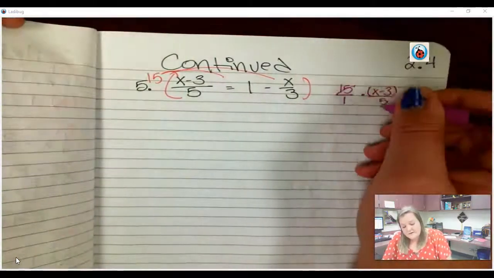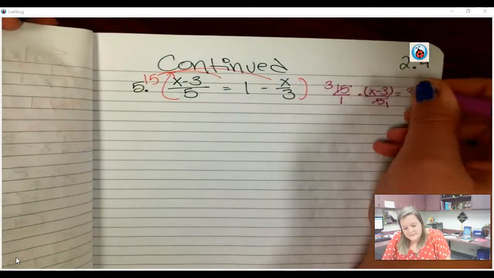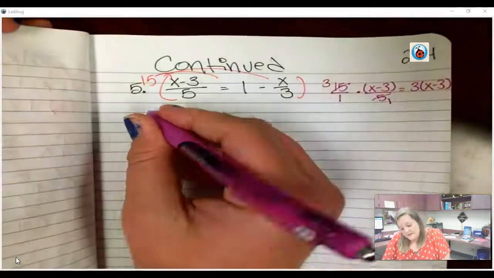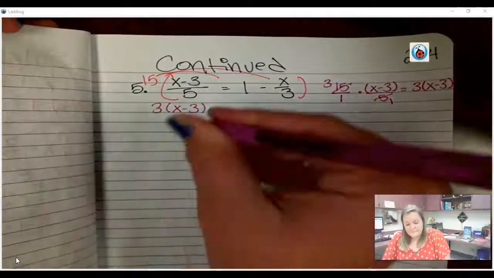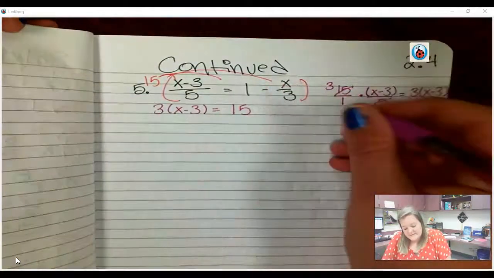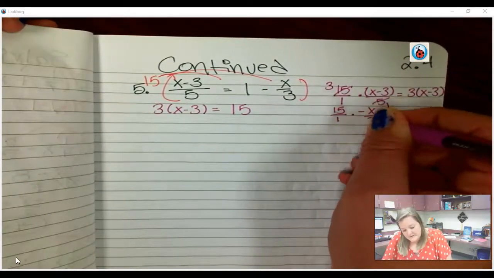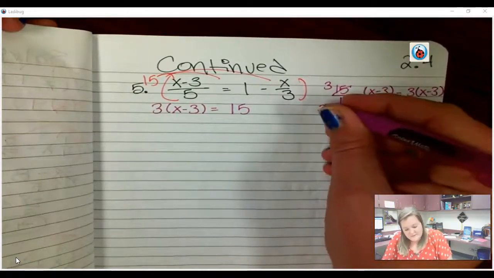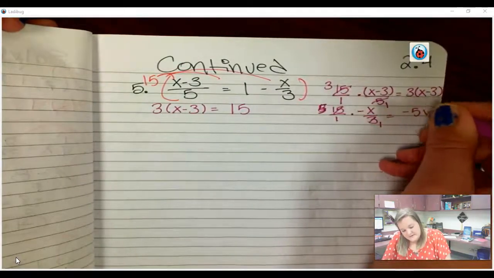Then we cross divide, so that's a 3 and a 1. So this is going to be 3 times x minus 3 equals 15 times 1 is 15, and then 15 times negative x over 3. So we're going to cross divide, so 3, 1, no, just kidding, that's a 5. So negative 5x over 1.